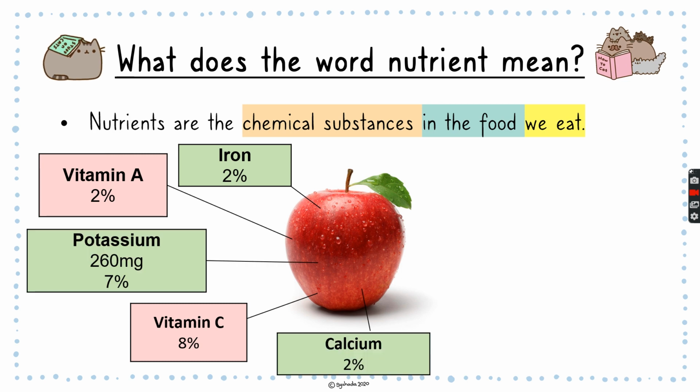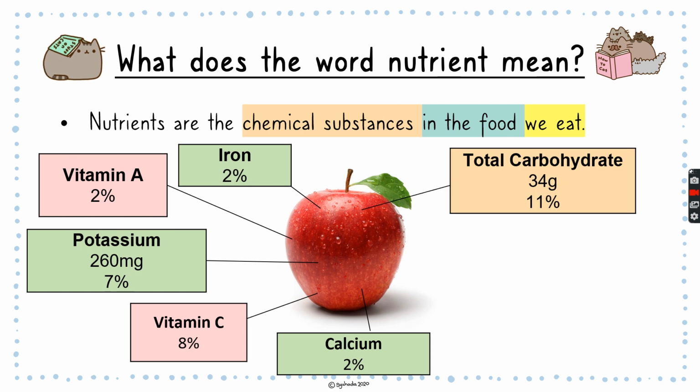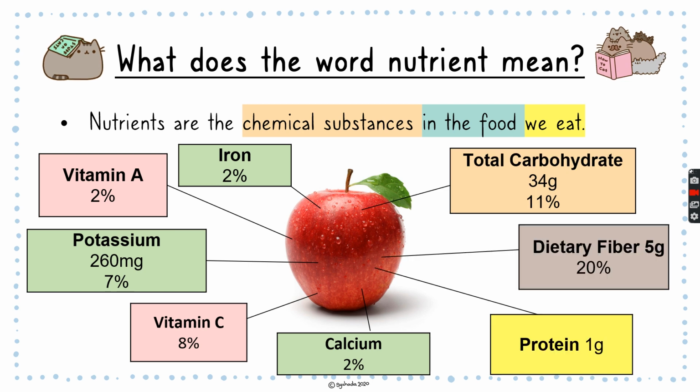And not just that, it contains calcium, carbohydrate, fiber, and protein as well. As you can see, there are a lot of chemical substances, or nutrients, found in an apple, and that's why the doctor would recommend you to eat an apple a day.